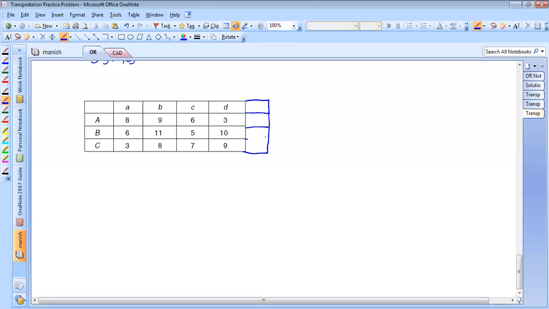For Vogel's approximation method, let us write here supply. This is 18, 20, 18. For demand, let me write demand.